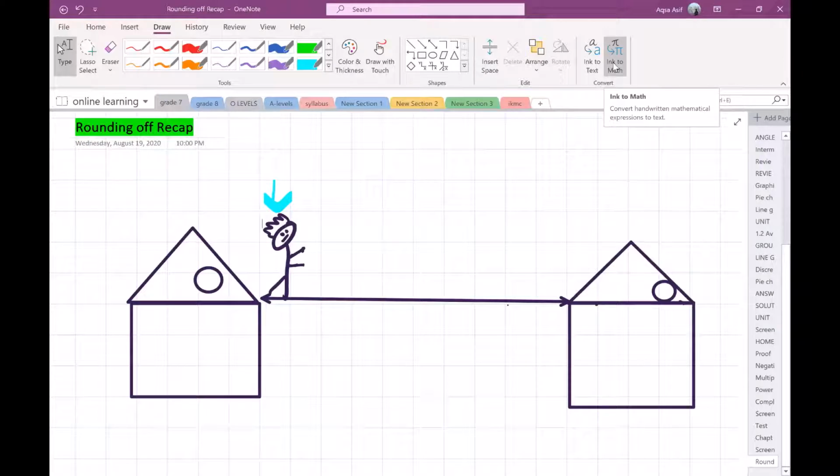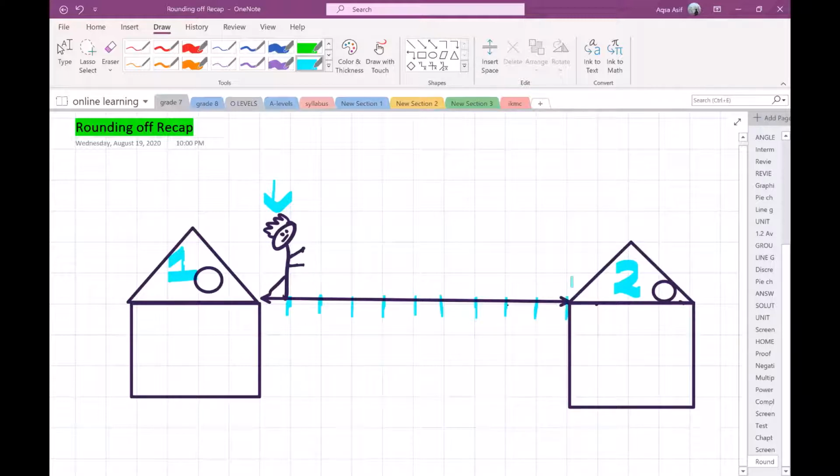Let's see how the rounding off concept is logical. Let's suppose a situation where a person is moving from house number one and the destination is house number two. If you can count, there are 10 steps involved in order to reach the second house.